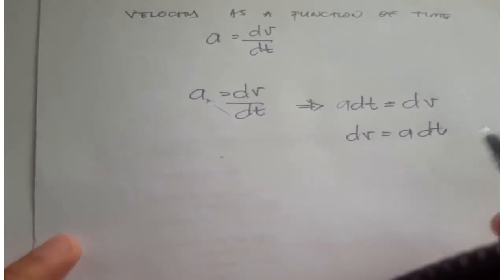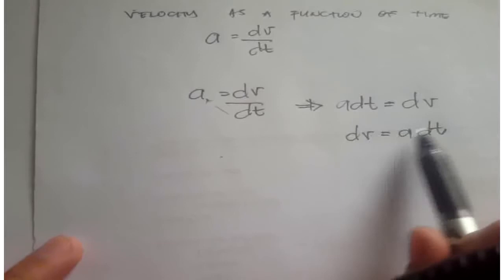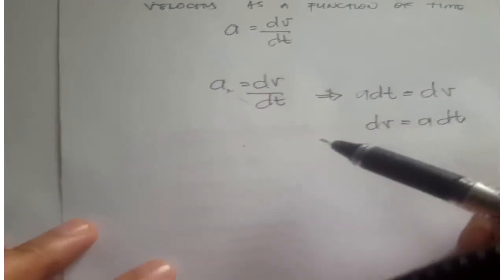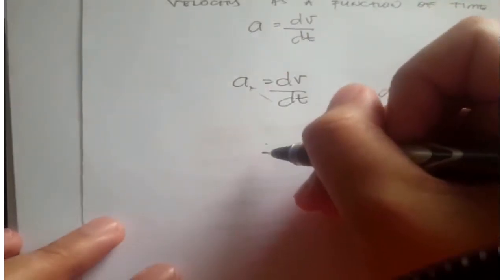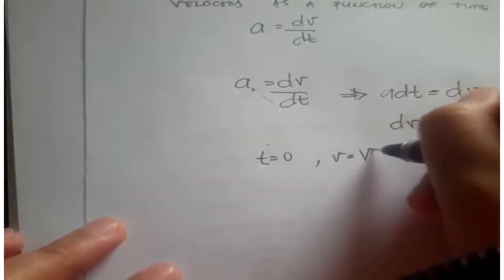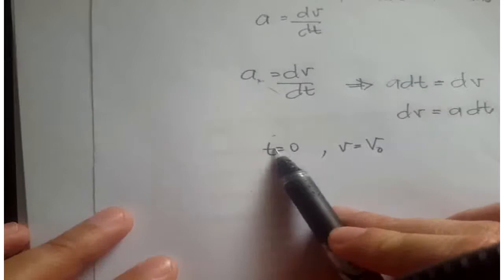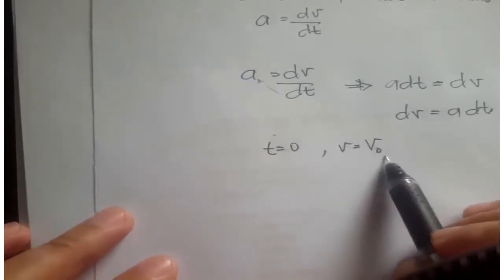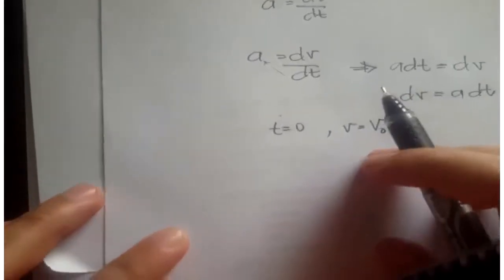Okay, so before we integrate this a dt, dv, let us assume that at time 0 our v is equal to v sub 0. So at time 0 initially our velocity is represented by this v sub 0.